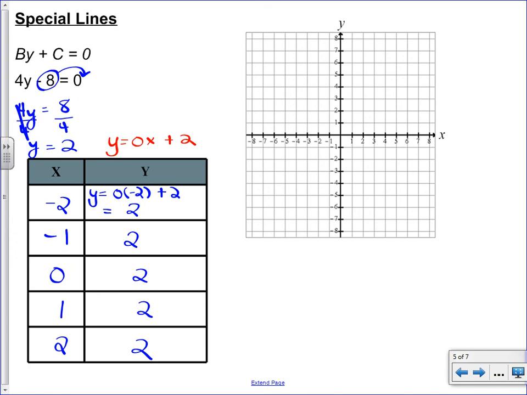So when I'm plotting this, I have a horizontal line that looks like this, of y equals 2.